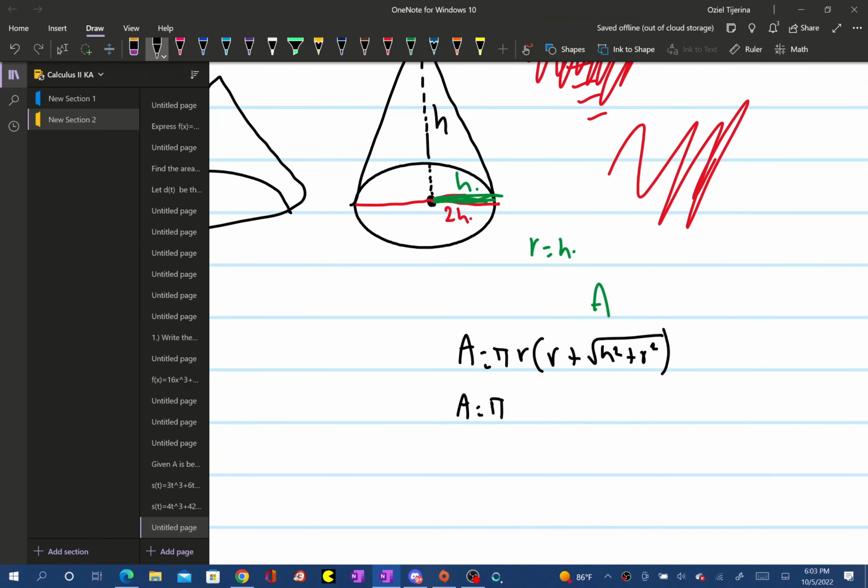So it's going to be h squared times pi plus square root of 2. I think that's what it is. Or let me see, hold on. I'll just go with the last one.